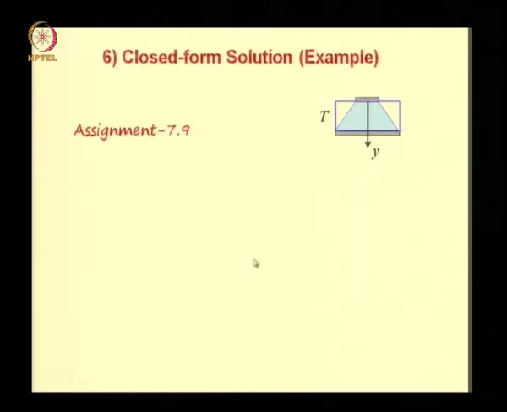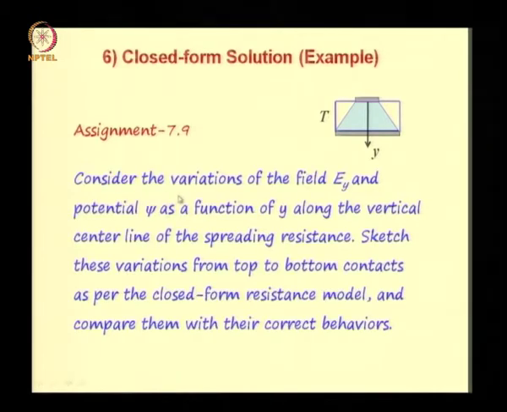Before moving on further, let us give you an assignment, because we have just finished the closed form solution of the problem under some approximations. Consider the variations of the field Ey and potential psi as a function of y along the vertical center line of the spreading resistance. Sketch these variations from top to bottom contacts as per the closed form resistance model and compare them with their correct behaviors.